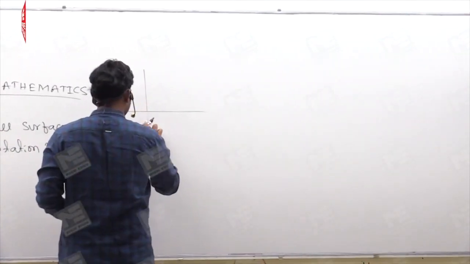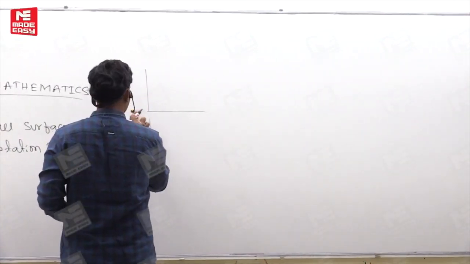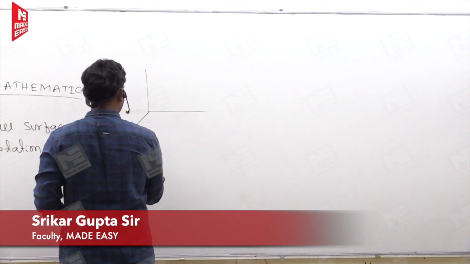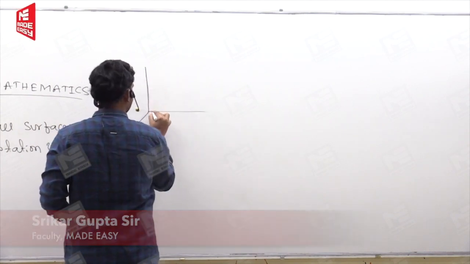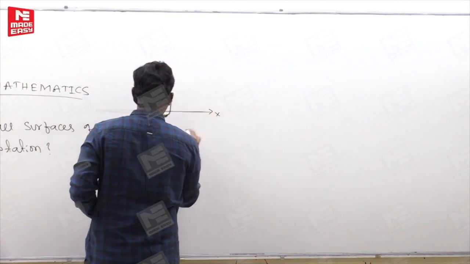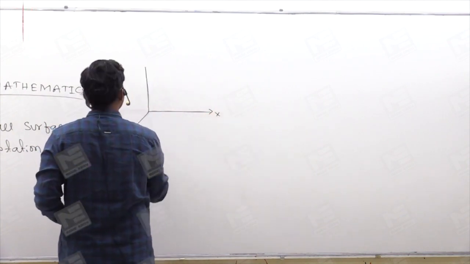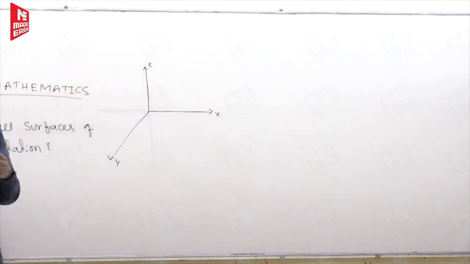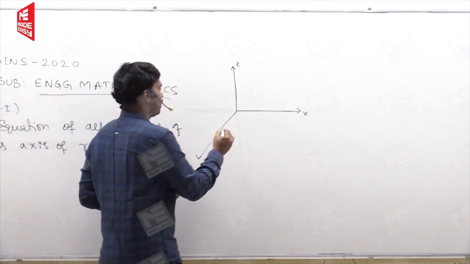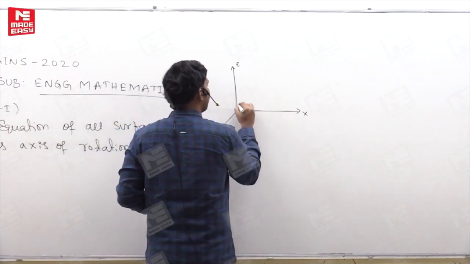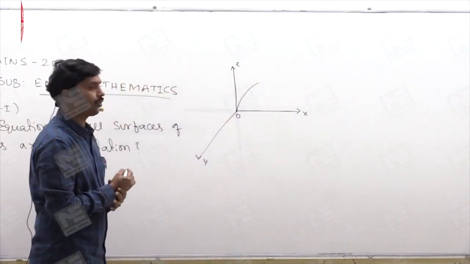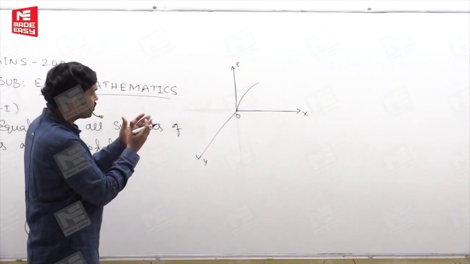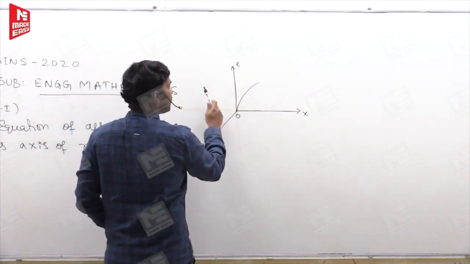In this XYZ space, this is X and this is Y and this is Z, and this is the origin. Suppose you take this curve here, and it is rotated about the z-axis.